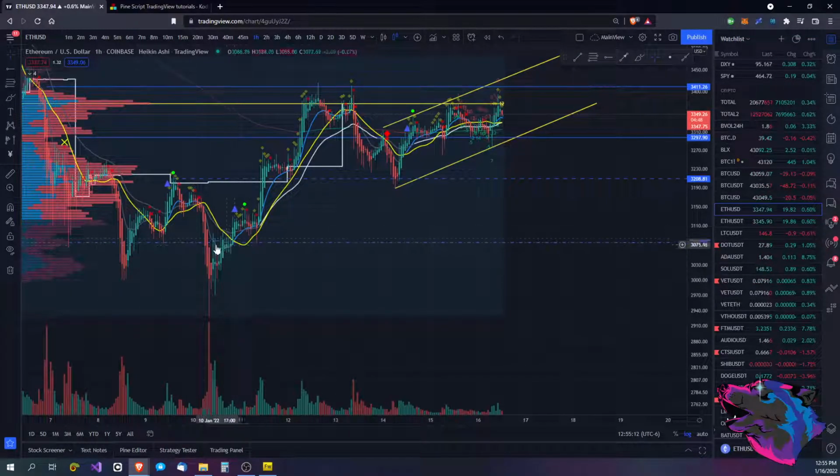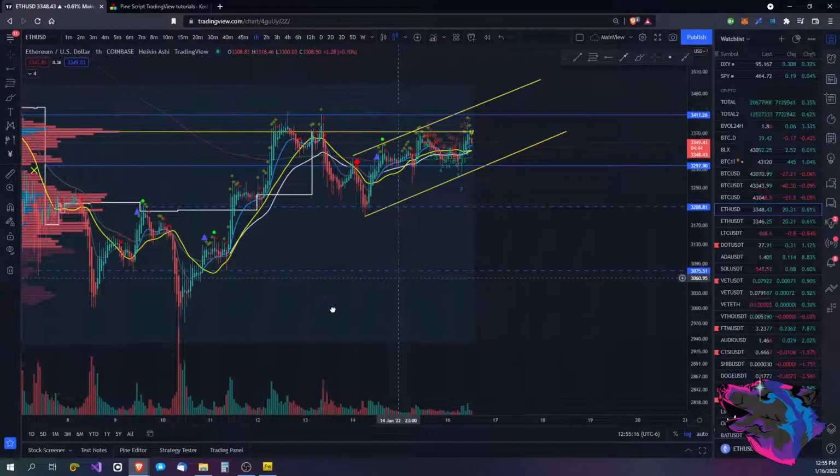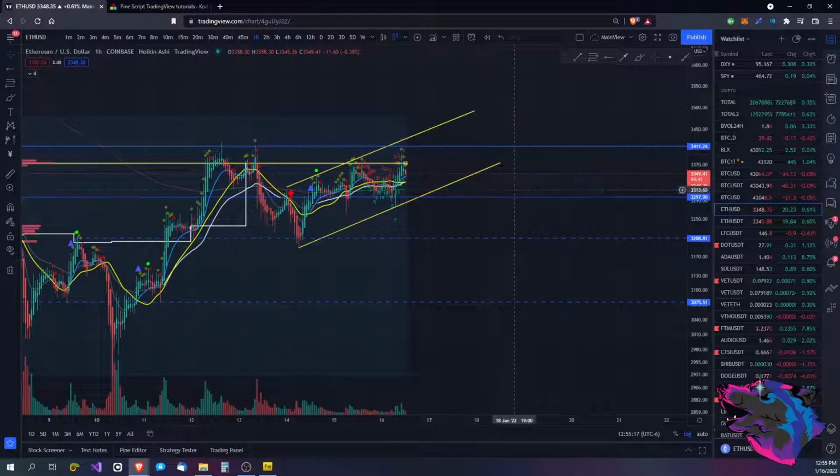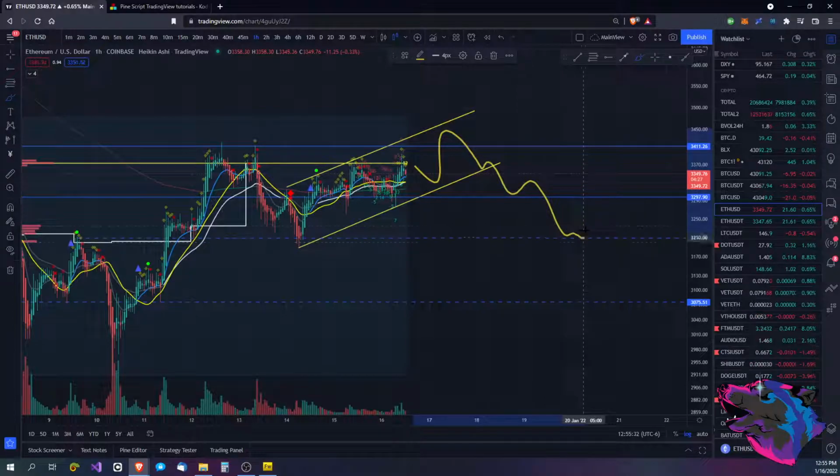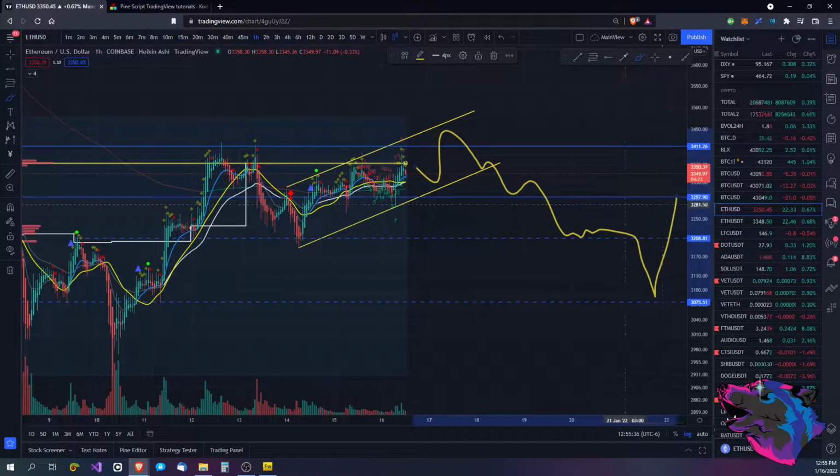Even had a little resistance here. So, back to the future now. If we're coming down, I would expect to find a little support here, a little support here, and hopefully enough support to carry on from that point.